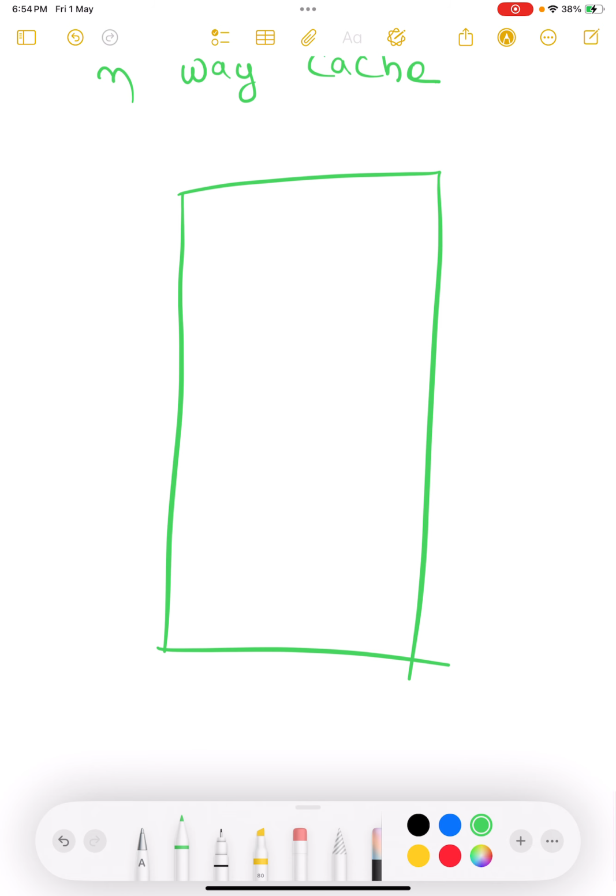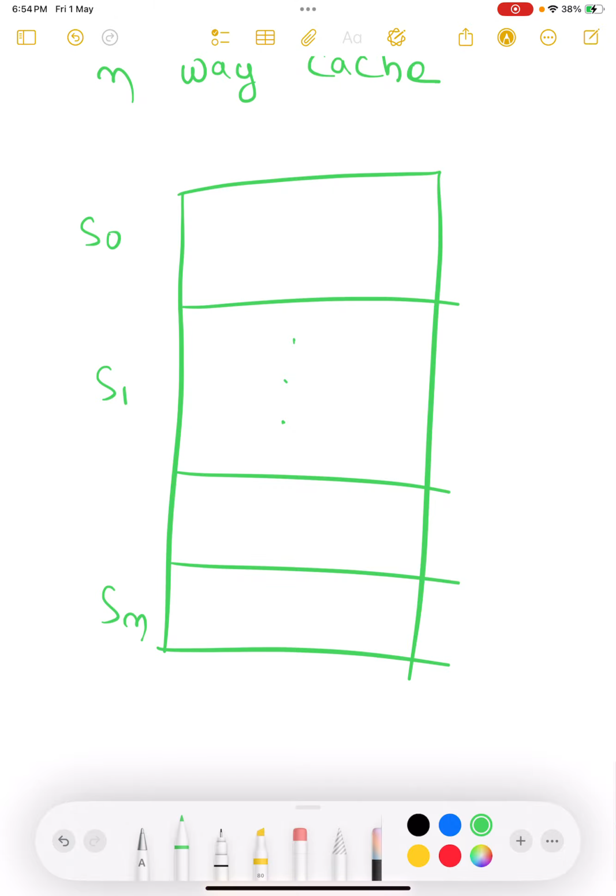If in a cache block we have n number of sets, set 0, set 1, and so on, up to set n, then in each set we'll have n ways, meaning n lines of cache in each set. So this is way 0, way 1, way 2, and so on up to way n. The n-way means n lines of cache exist in a particular set, right?